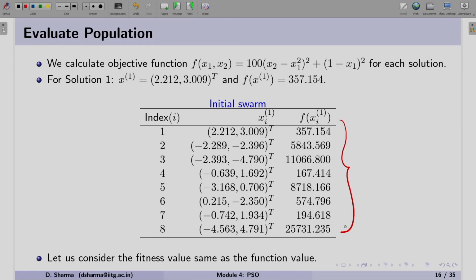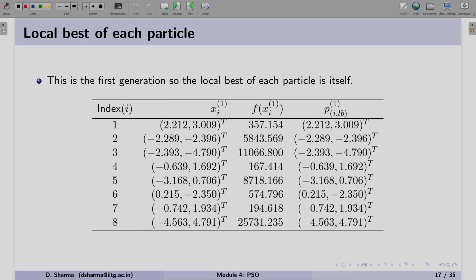Now, since we have to assign a fitness to each particle, as of now we are considering the fitness to be the same as the function value. We are at the t equals 1 generation, so we are going into the loop. Inside the loop, the first task is to find the local best of the particle. Since it is the first generation, we do not know the previous positions.